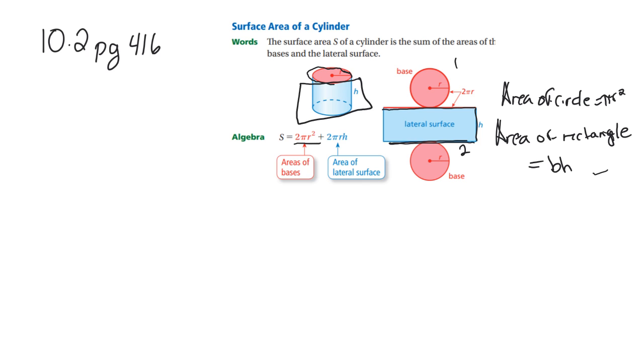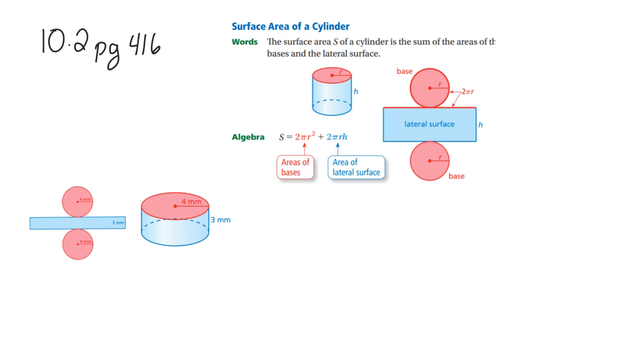Remember, circumference is 2 pi r. So we take 2 pi r, which equals our base, and then we multiply that by our height. That's how we get this. 2 pi r times the height is just the area of the lateral surface. Then we're going to add the two together. So let's do some examples of these right now.